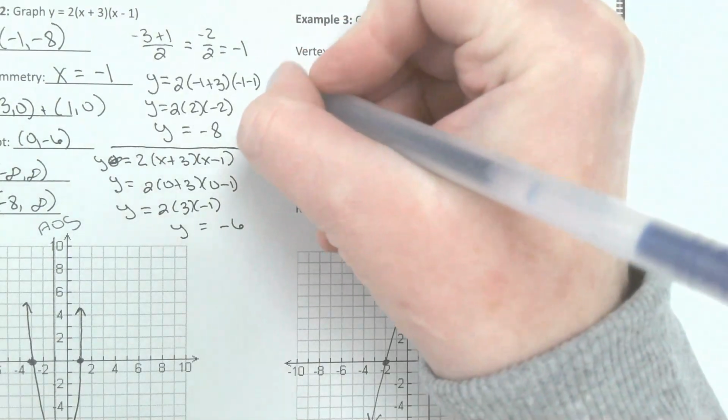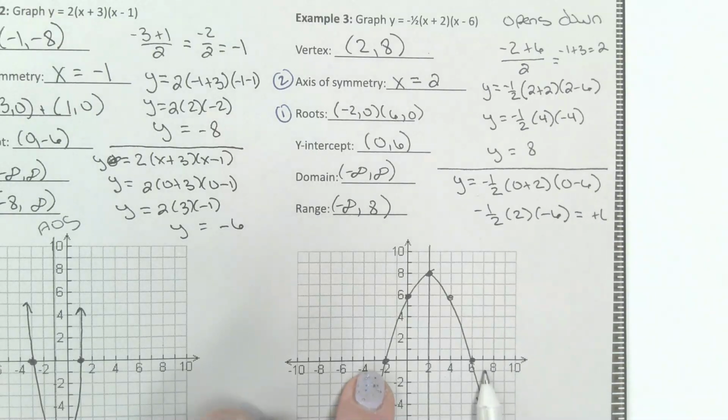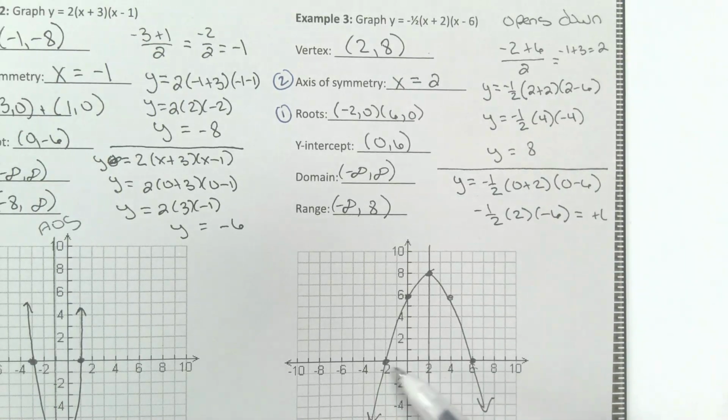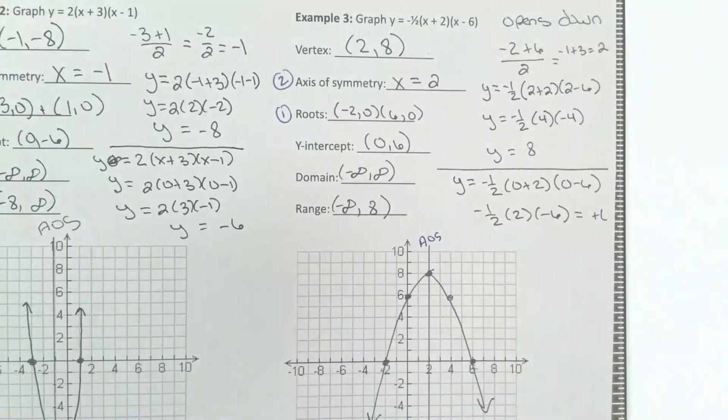The second thing you should do is find your axis of symmetry. You could do the formula, however, if you have to graph, I think it's easier to just count in, and 2 is halfway in between these two numbers, and so that's how I knew to draw in an axis of symmetry at x equals 2.